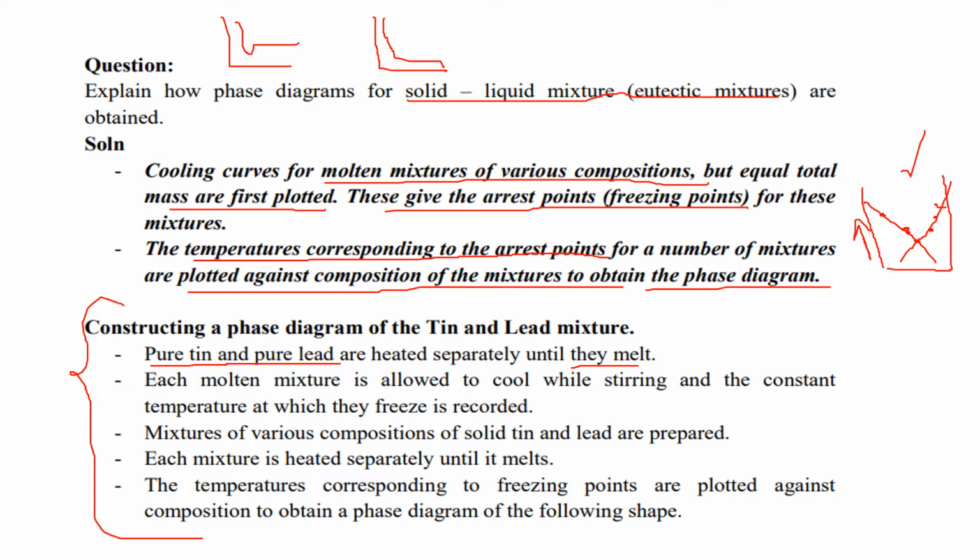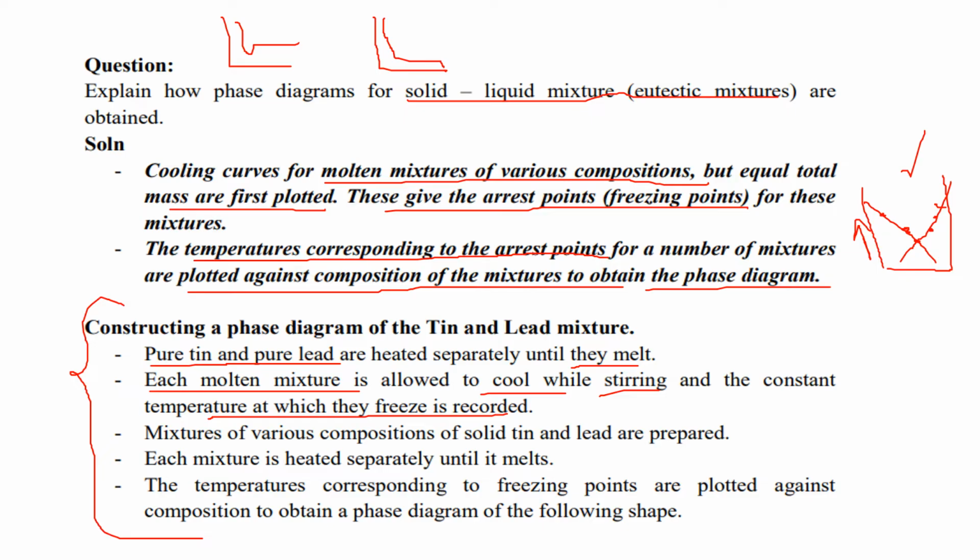After melting them, you cool them, each of them separately, and you get the arrest point. That's why we are saying that each molten mixture is allowed to cool while stirring, and the constant temperature at which each of them begins to freeze separately is going to be recorded.